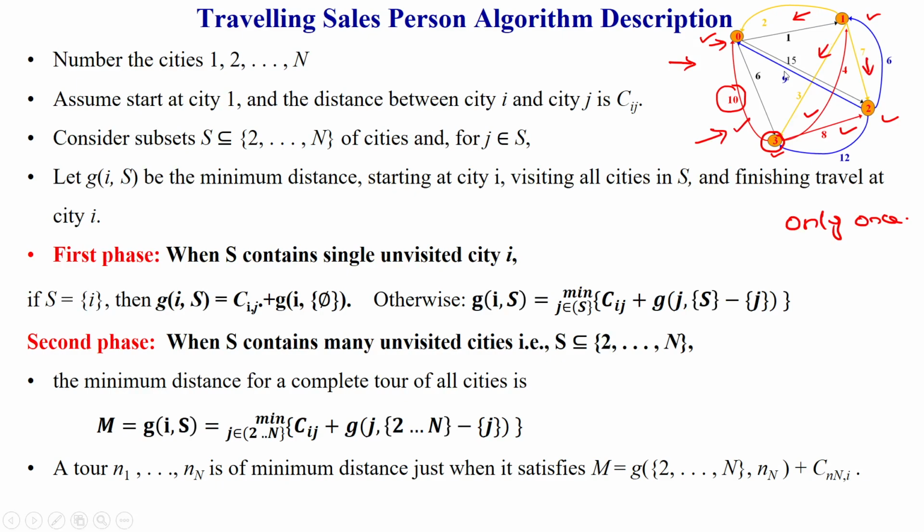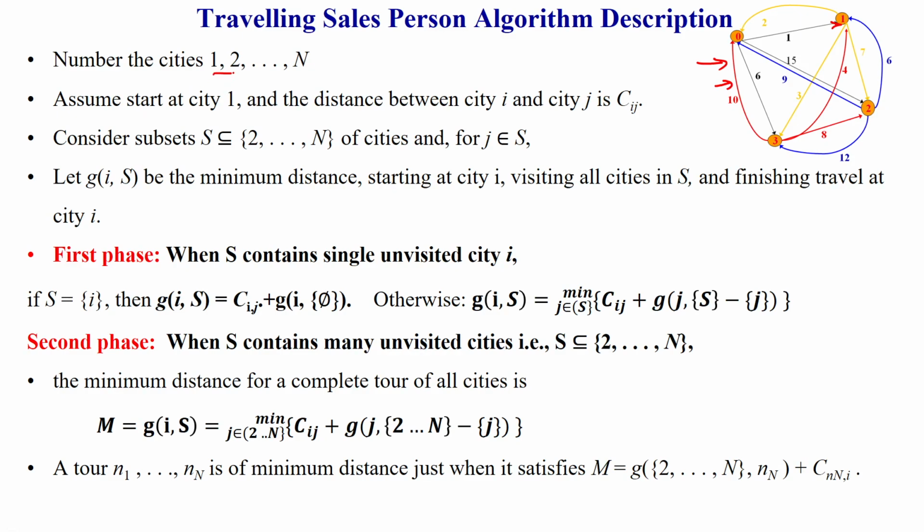So each vertex, each city has a traveling route to all other cities. That is called a complete graph. The graph can be a directed graph or an undirected graph. This one is a directed graph because our arrow has a direction to all the cities.